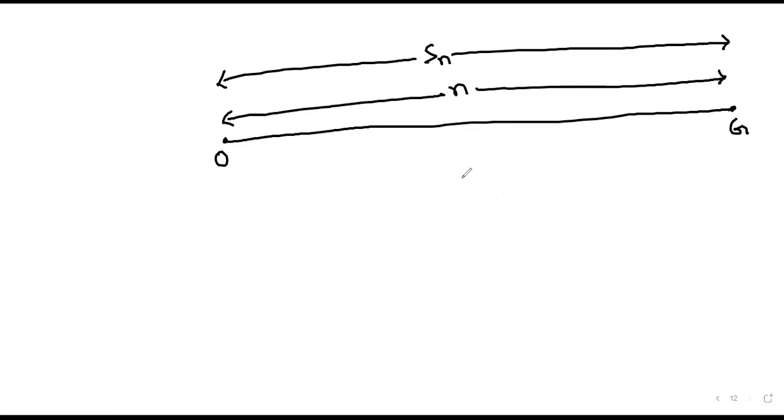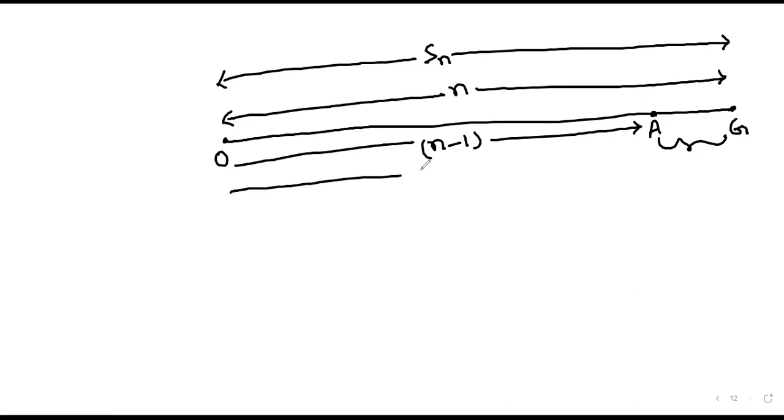Let us consider a point, suppose A. From O to A, it takes a time of n minus 1 seconds. That is, this is my last second. So distance traveled in n minus 1 seconds is Sn minus 1.